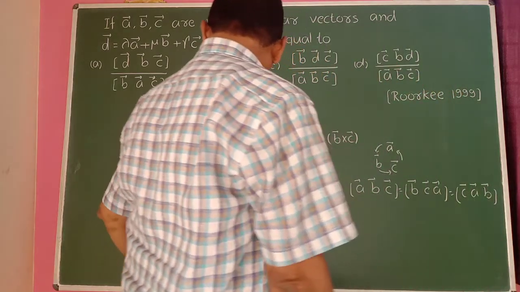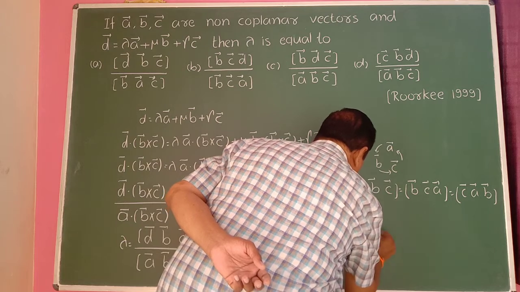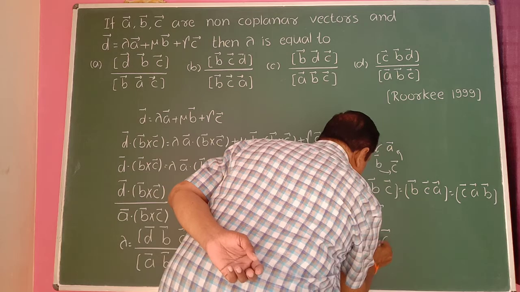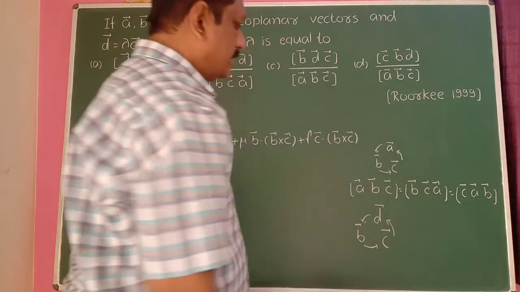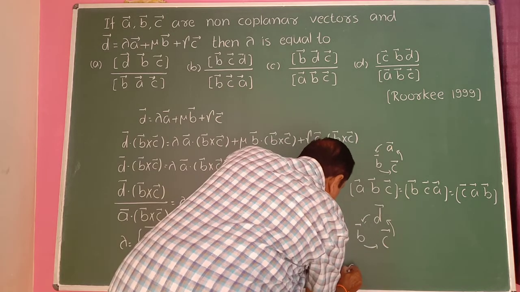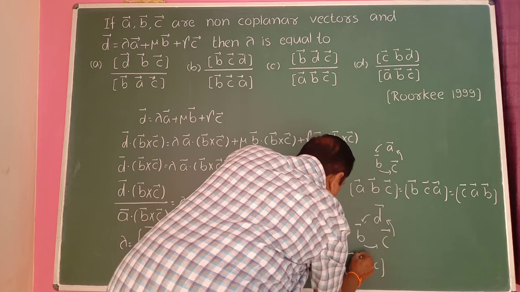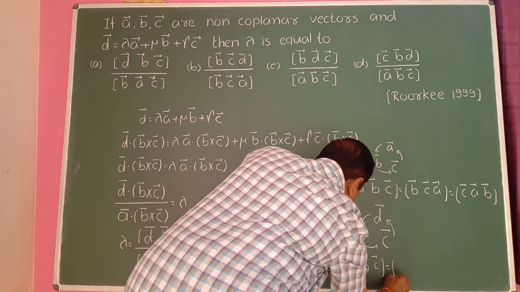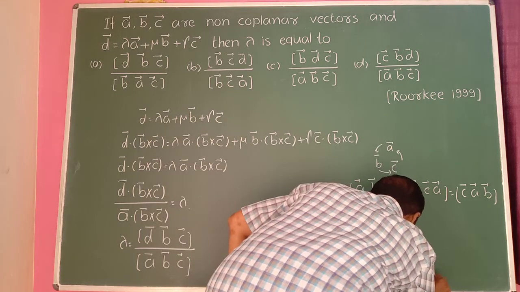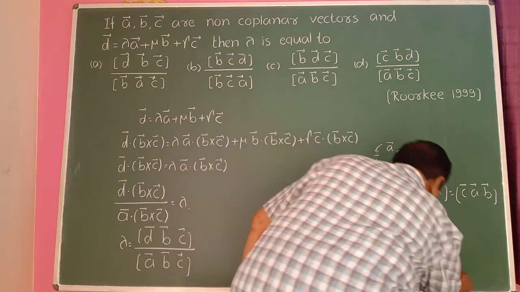Similarly, the numerator is DBC. Even in this case, if vectors change in cyclic order, then the value remains the same. The value of the scalar triple product DBC is equal to BCD, is equal to CDB.